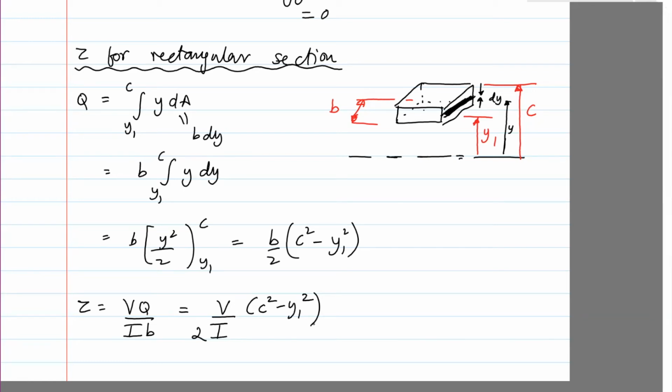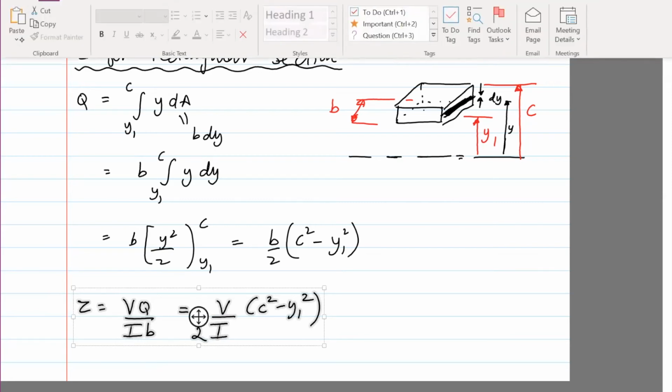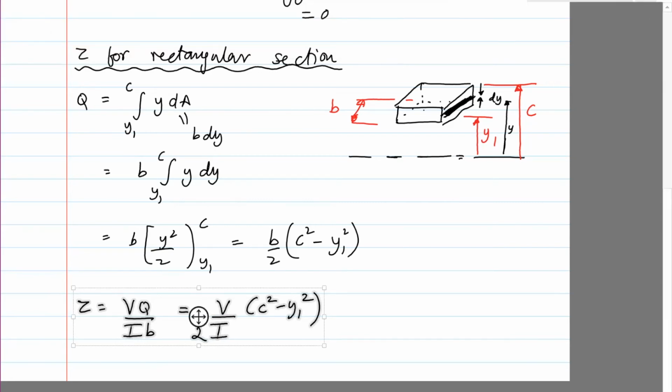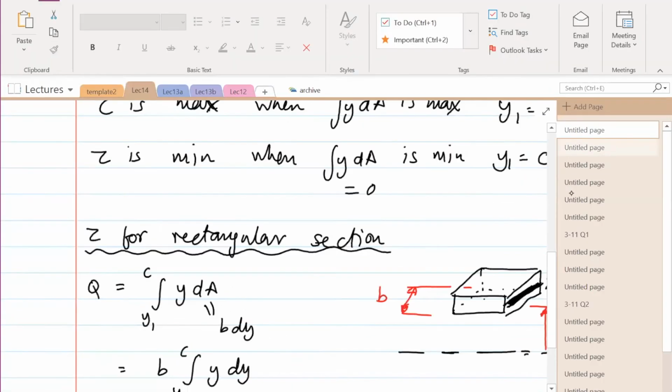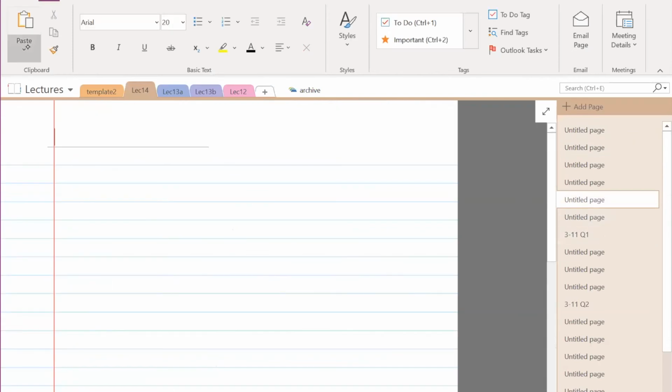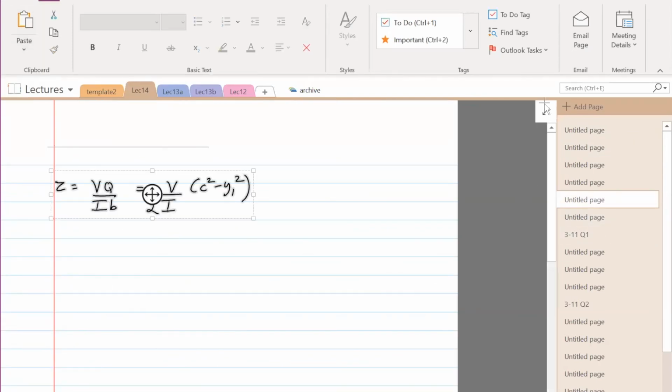I'll do a little more simplification and bring this expression down to fewer variables. Okay, so that's what I had.